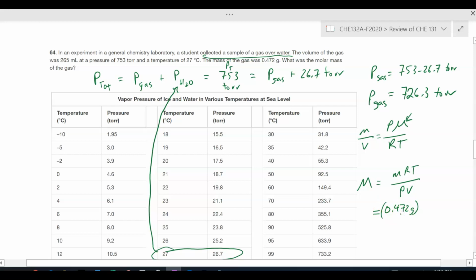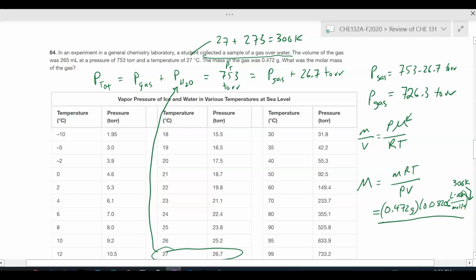We know that the gas constant is 0.08206 liters times atmospheres over moles times Kelvin. We know the temperature is 27 Celsius, so 27 Celsius plus 273 is 300 Kelvin, nice round number. So the temperature is 300 Kelvin, which I'm going to have to draw in up here above it.